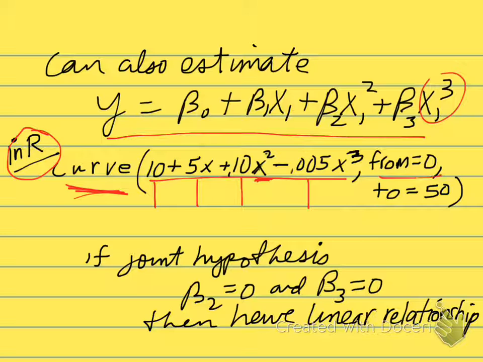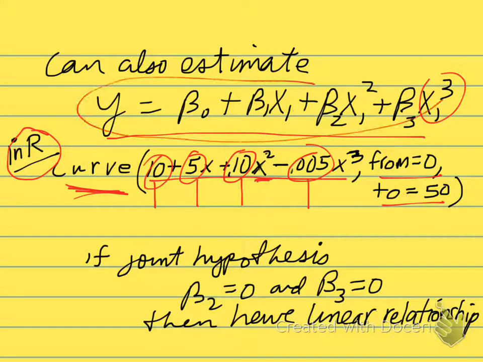From 0 to 50, and then if you run that, R will draw the resulting cubic curve. You can change the numbers and draw different curves and see how the cubic looks.